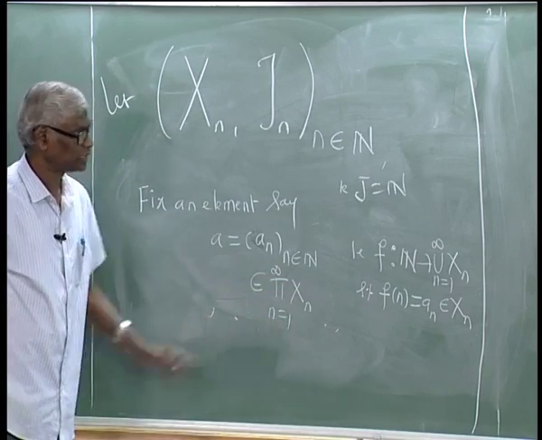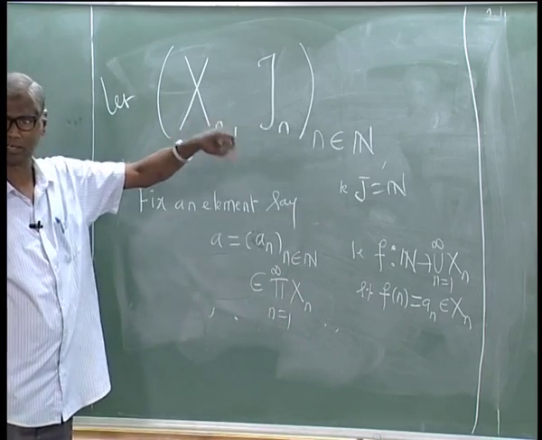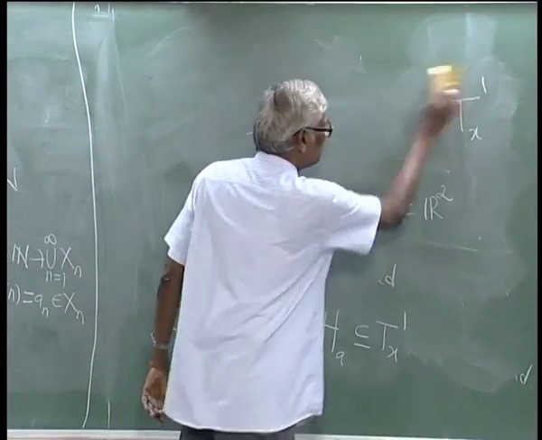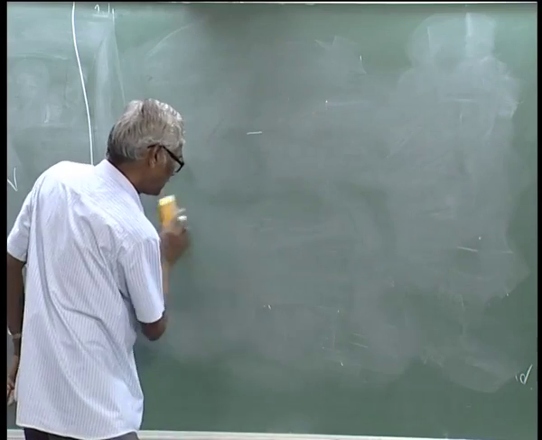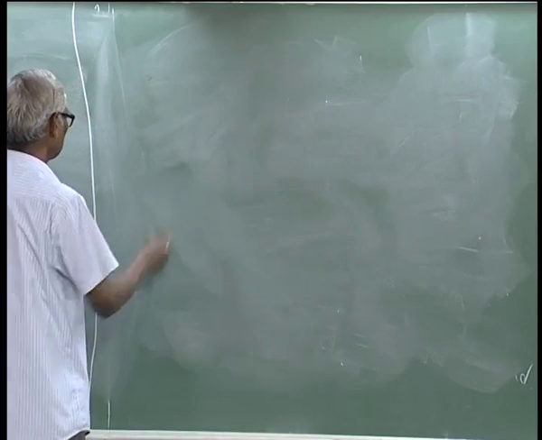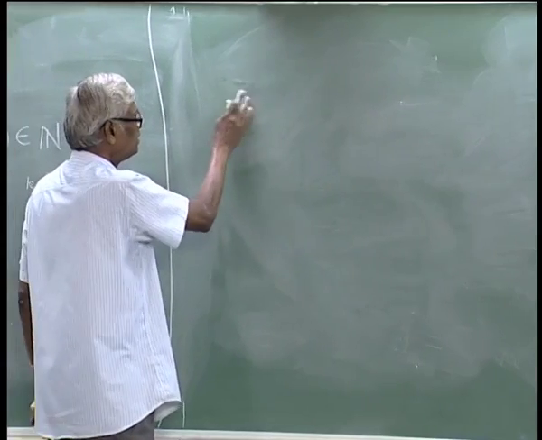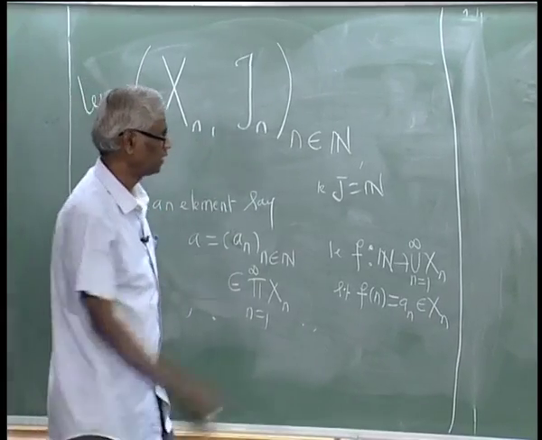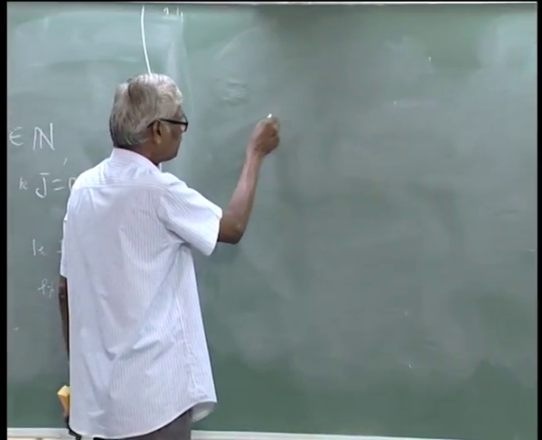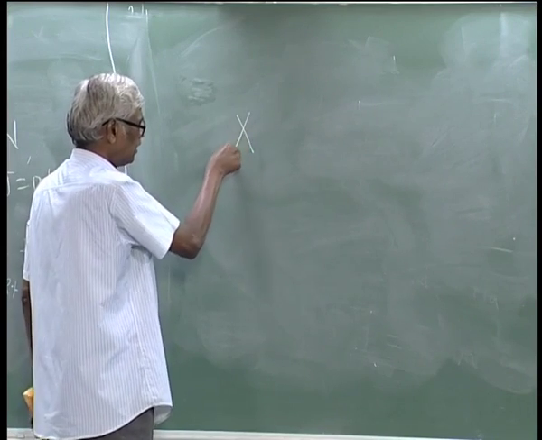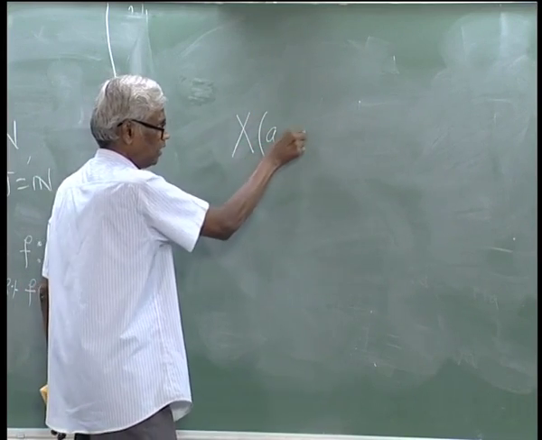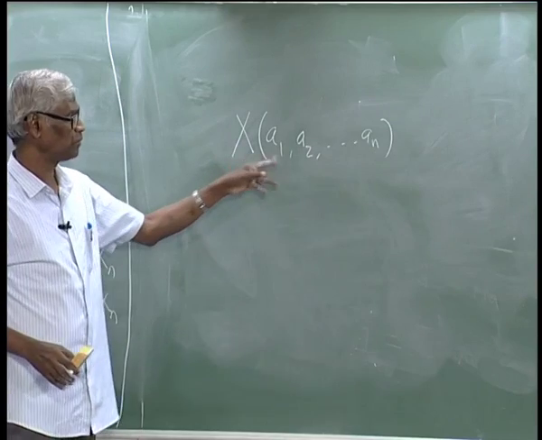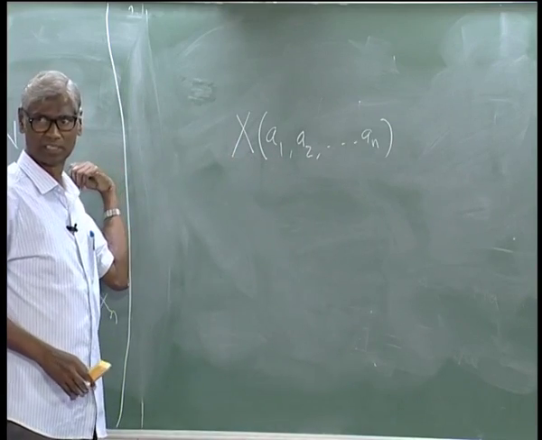We are fixing one element, like fixing an element in R cross R or X_1 cross X_2. Now, we will consider the set for each element here. So, we are going to define X of a_1, a_2, ..., a_n. It is like this is going to be a finite product of the given sets.